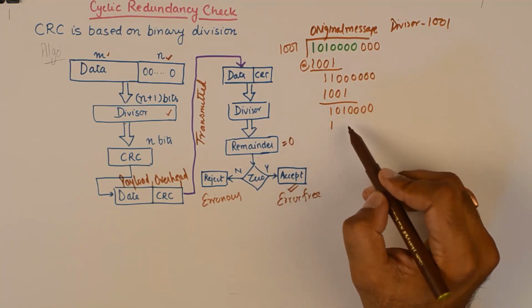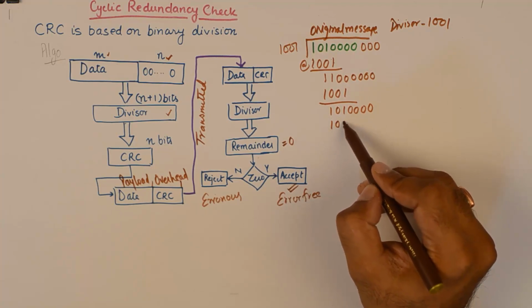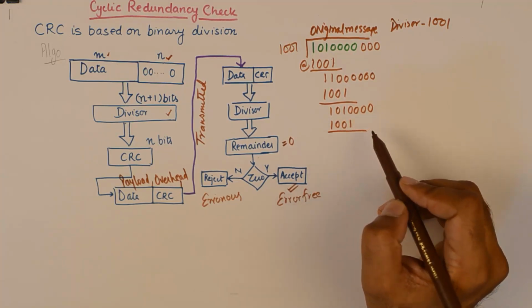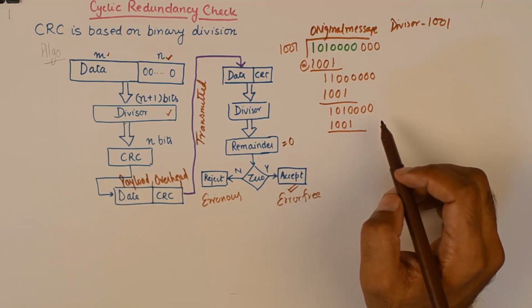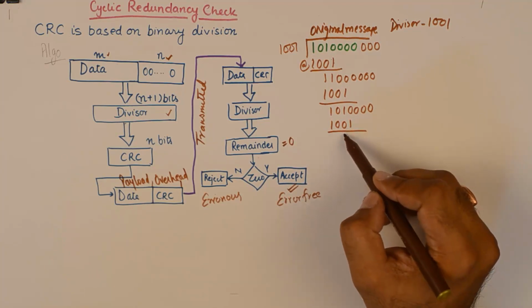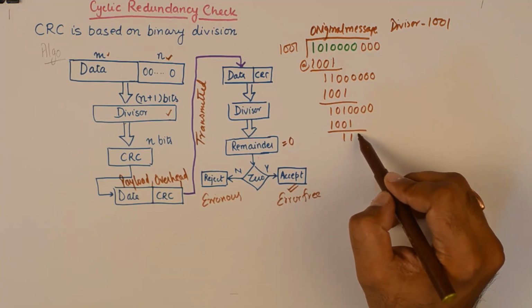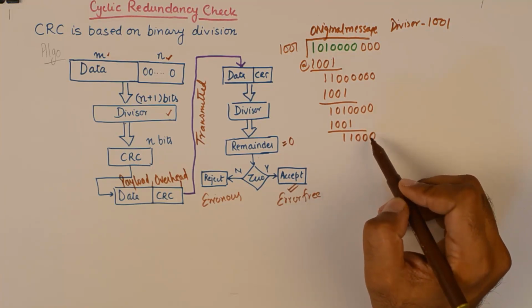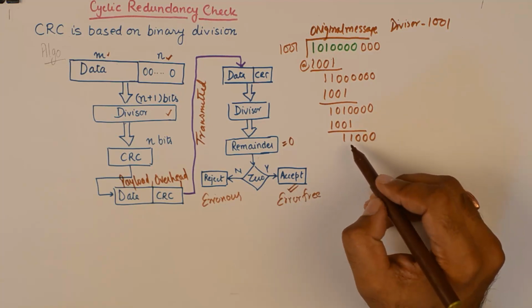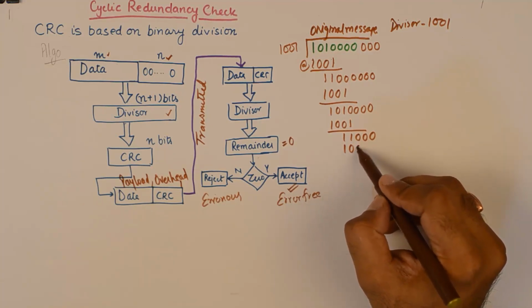Then I do an XOR again with 1 0 0 1, and what I'm getting now is a 1 1 followed by 3 zeros. I do an XOR again.